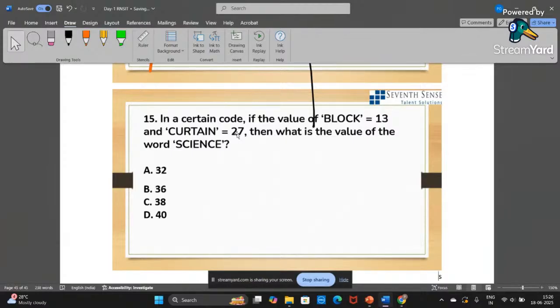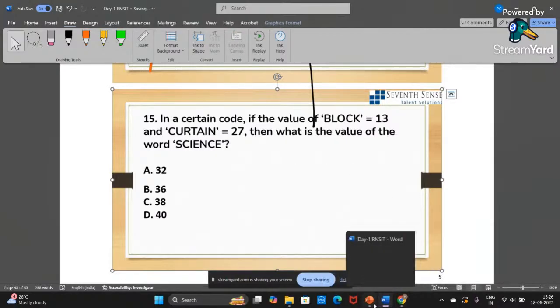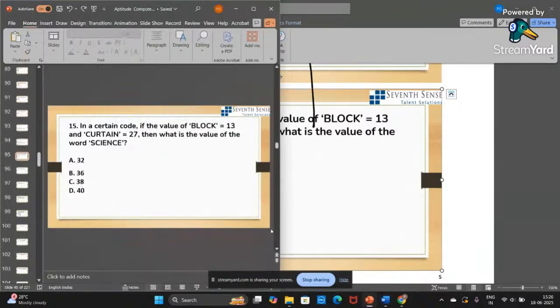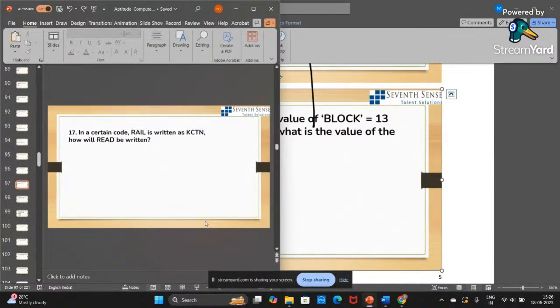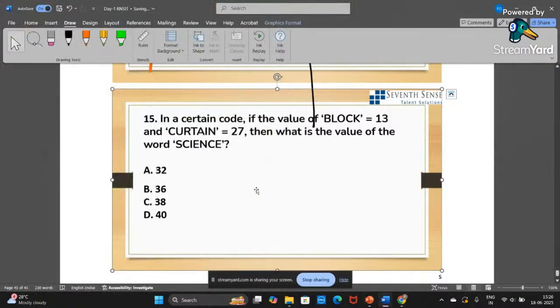If it is satisfied, then only that logic should be applied for the given word signs. Then you have to find the value of signs.